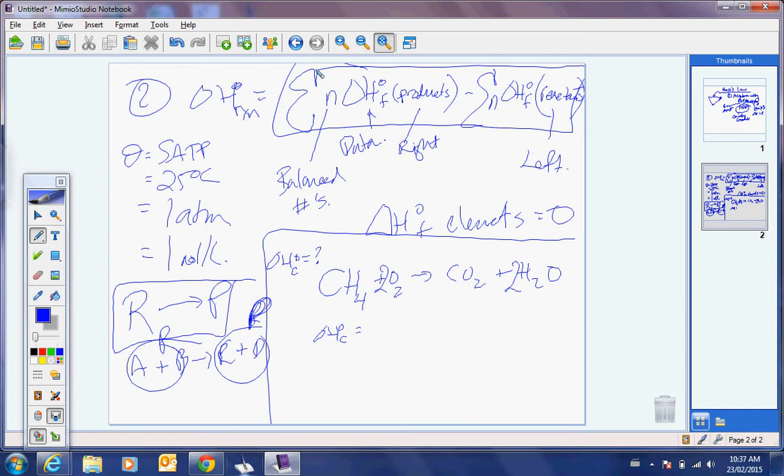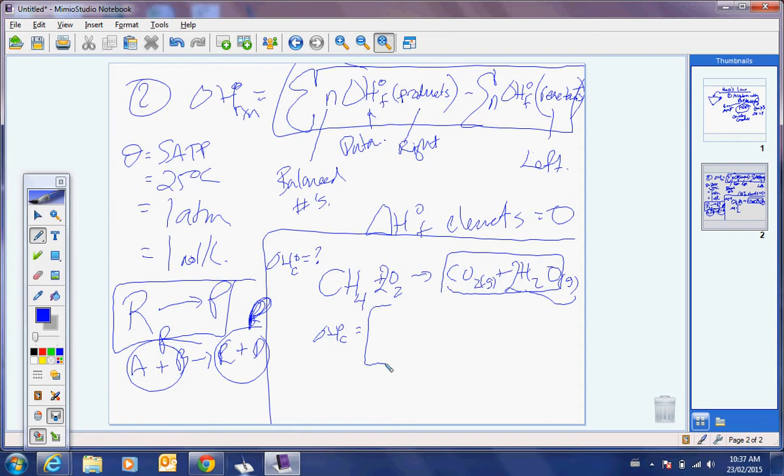So I first do the products. They'll be gas products. So I look up in my data booklet, making sure I'm paying attention to the gas because there's water liquid and water gas. So, square brackets. It's very important you type this in your calculator properly. You look up delta H for your carbon dioxide and water, and what is it?